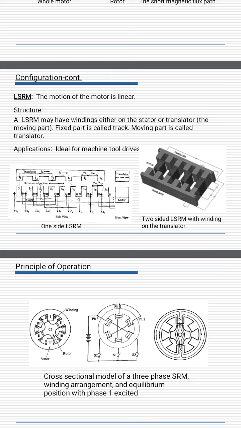Here we can see that T1, T2, T3, T4, T5, T6 are connected to the switches S1, S2, S3, S4, S5, S6, S7, S8, S9, and on the right hand side the stator and translator are placed. Now two-side LSRM with winding on the translators.